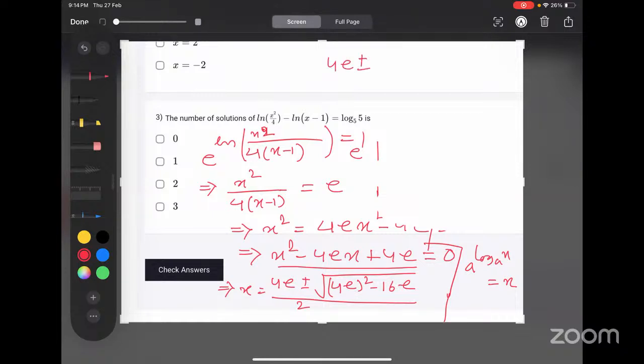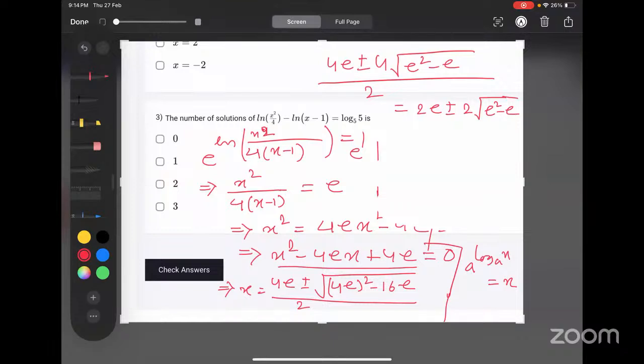So we can take this 4 outside, right? Then we will get e square minus e by 2, that is 2e plus or minus 2 root of e square minus e.